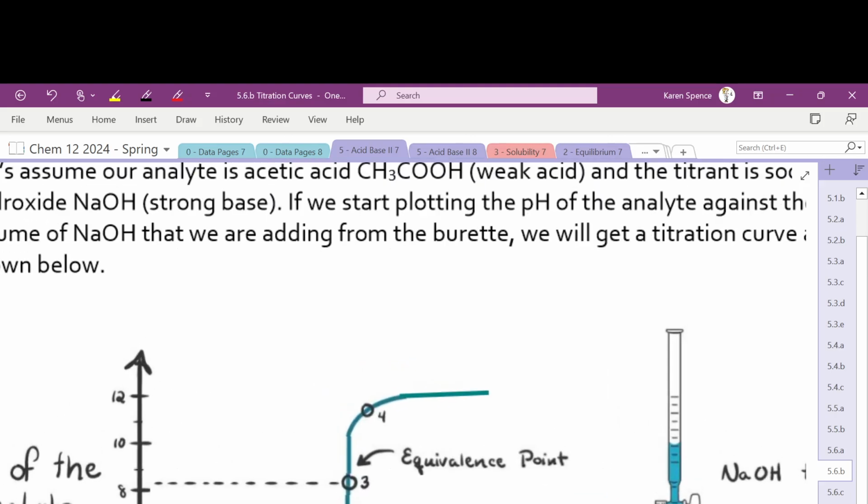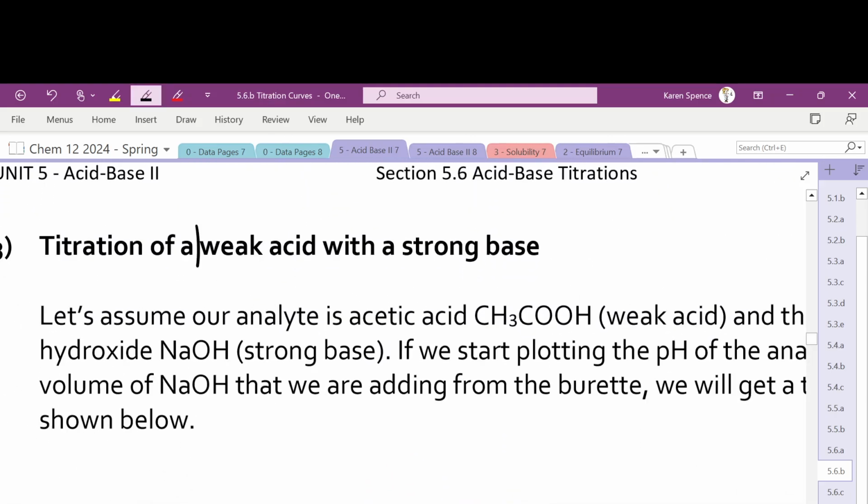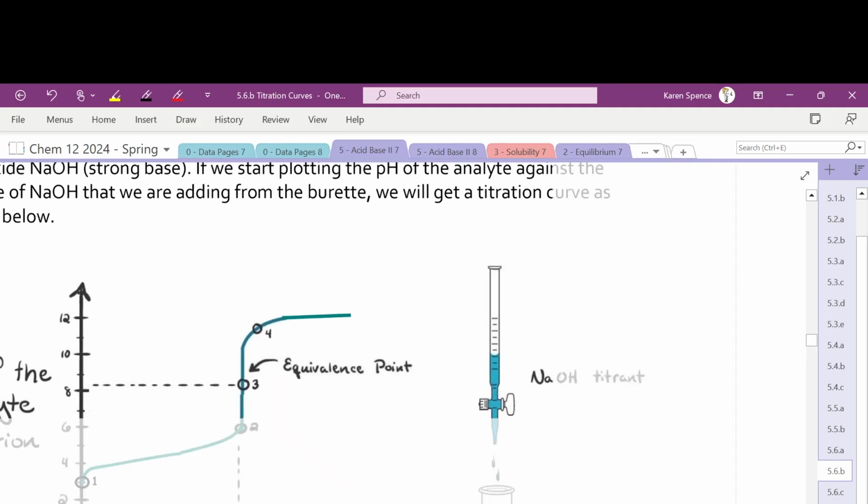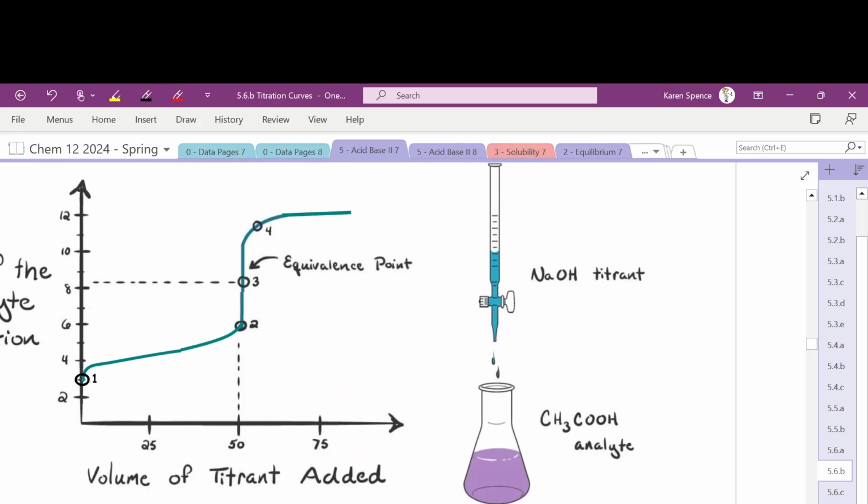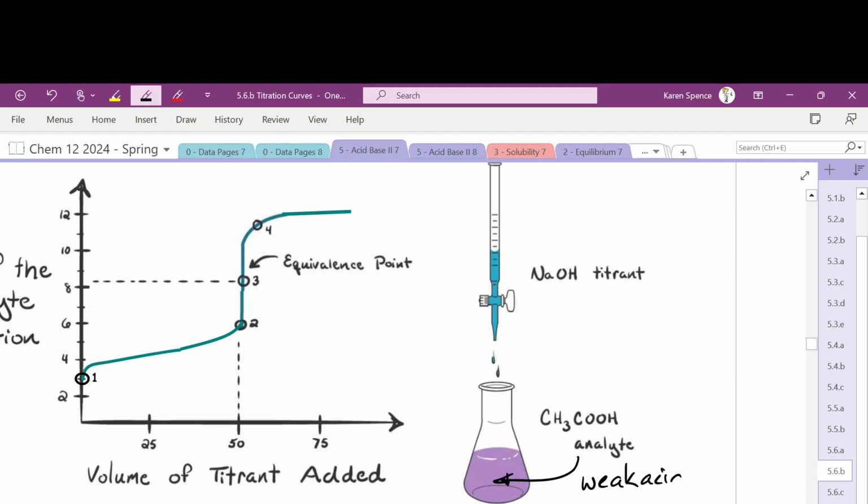Now, this one is exciting. Now we have a weak acid and we're titrating it with a strong base. So down in our flask, this is now a weak acid.